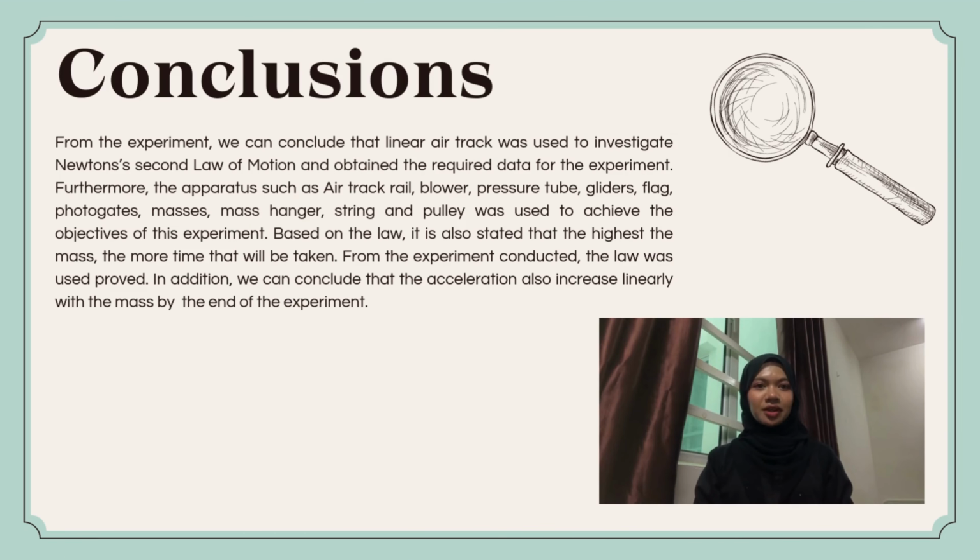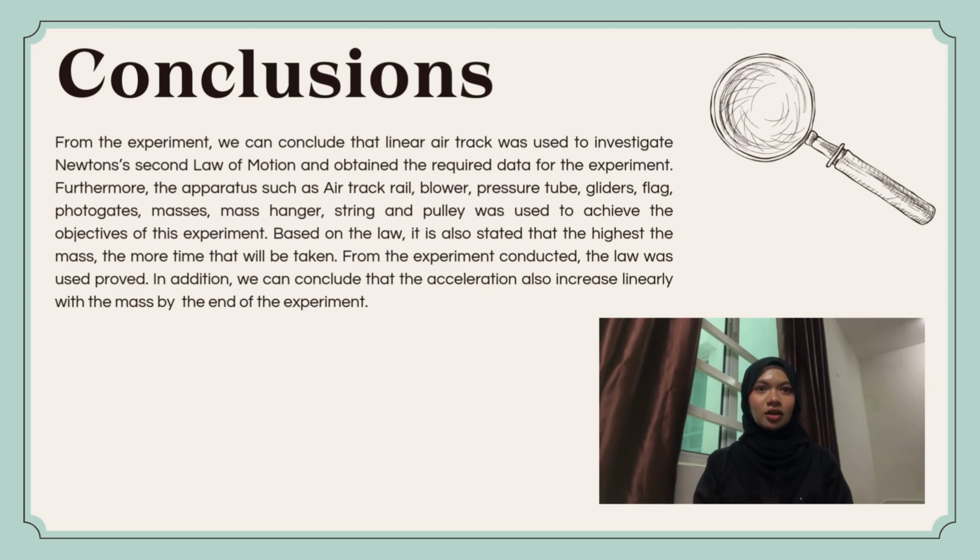From the experiment, we can conclude that the linear air track was used to investigate Newton's second law of motion and obtain the required data for the experiment. Furthermore, the apparatus such as air track rail, blower, pressure tube, gliders, flag, photo gates, masses, mass hanger, string and pulley was used to achieve the objectives of this experiment.